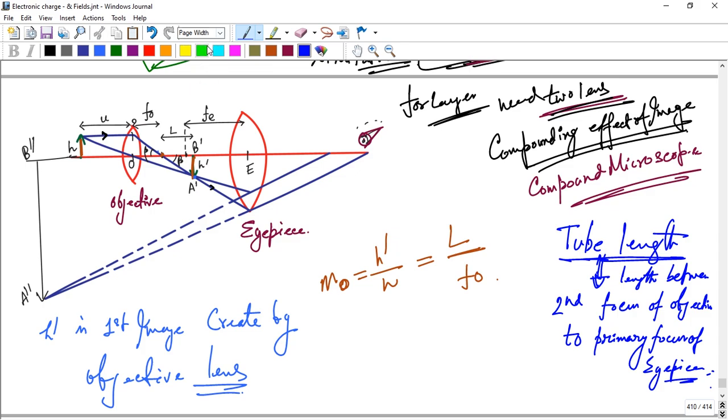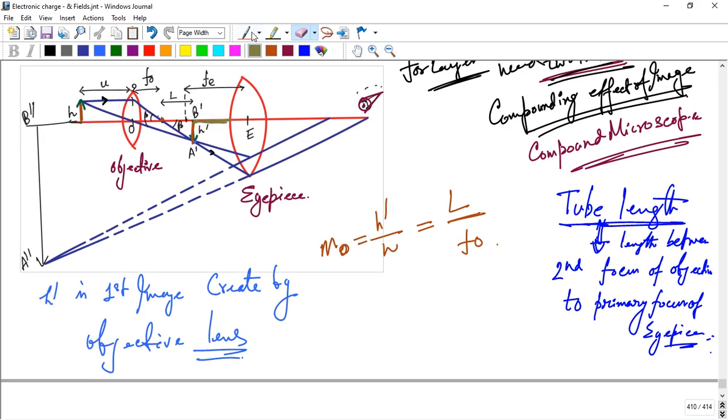And here you see that this image is created near the eyepiece. Now see the magnification of the eyepiece lens, that is ME. The eyepiece creates an image here.